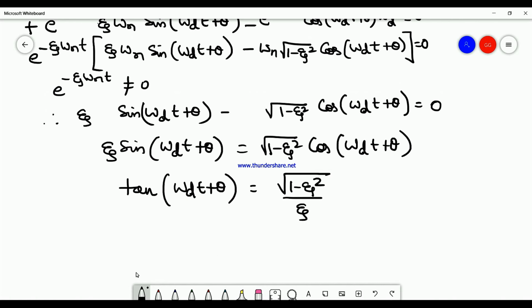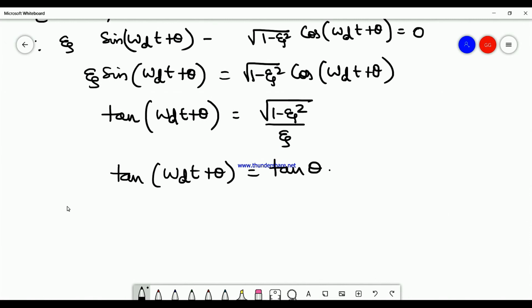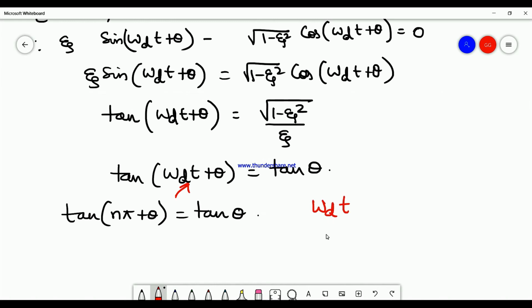In the second order system response, when we were deriving, we know that this root of 1 minus zeta square by zeta is tan theta. Therefore tan of omega dt plus theta equals tan theta. We know that in mathematics tan of n pi plus theta equals tan theta, right? Therefore if you compare this with this equation, you see that omega dt, now this t is the peak time, because you differentiated to find the maximum value of c of t.